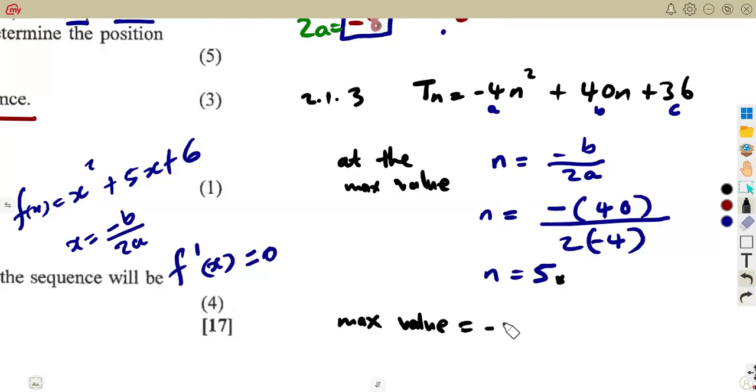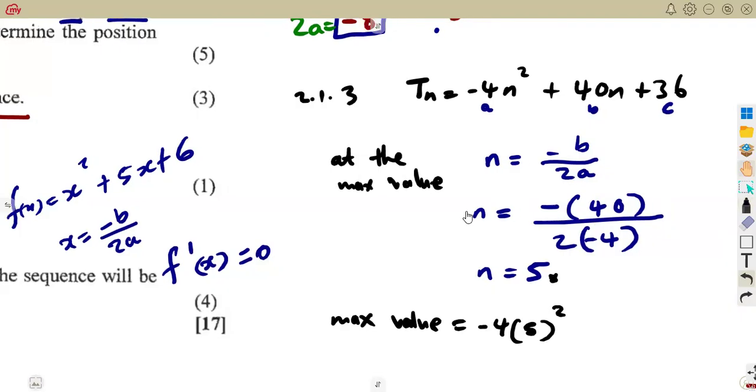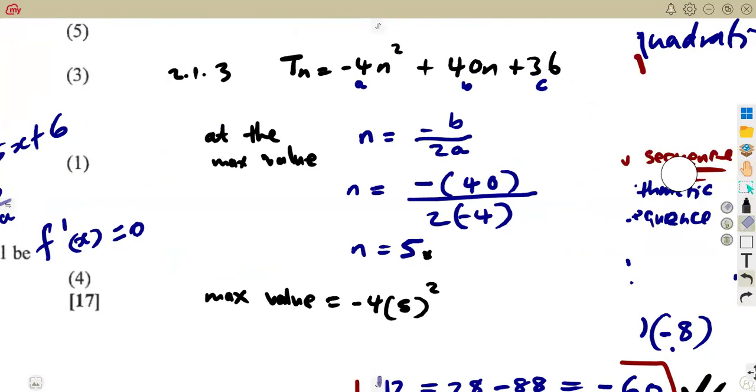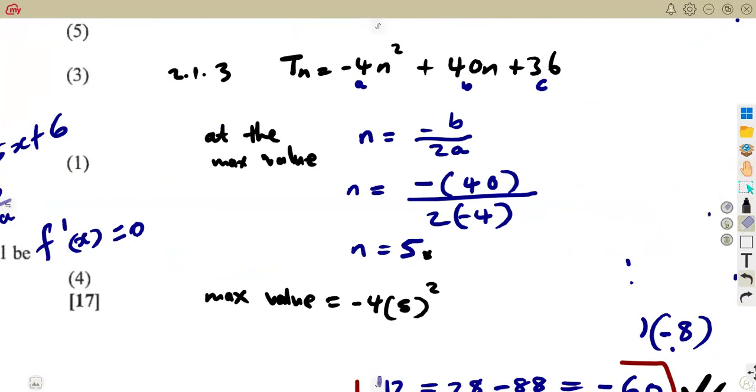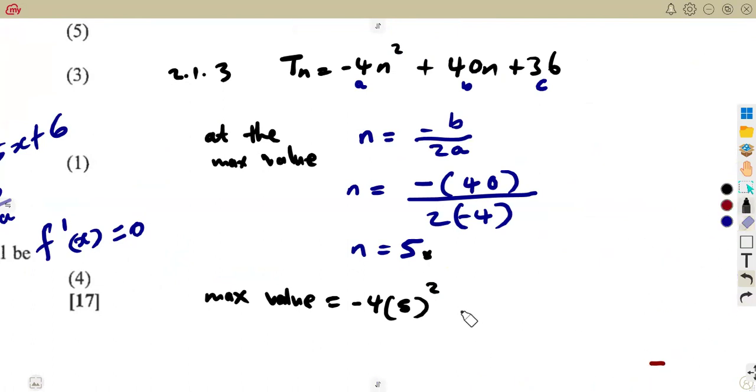So that was going to be minus 4. In place of n, substitute 5. That's 5 squared. Plus 40 times n. So you're substituting in place of n. Remember, our n is 5.